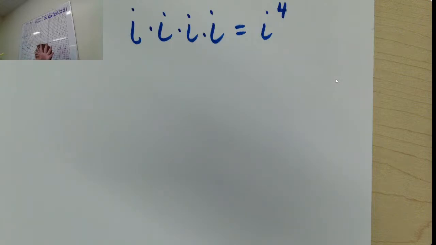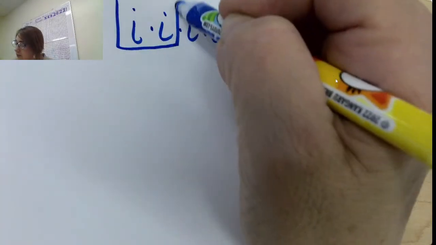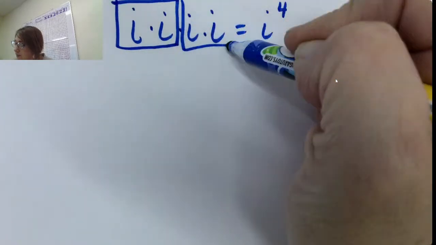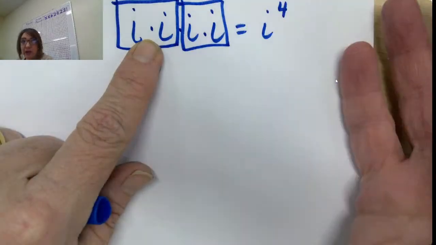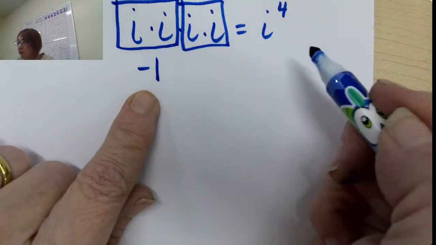You are right. Now let's get the rest of the class on board, okay? Where is the 1 coming from? I times I is I squared, which is negative 1.